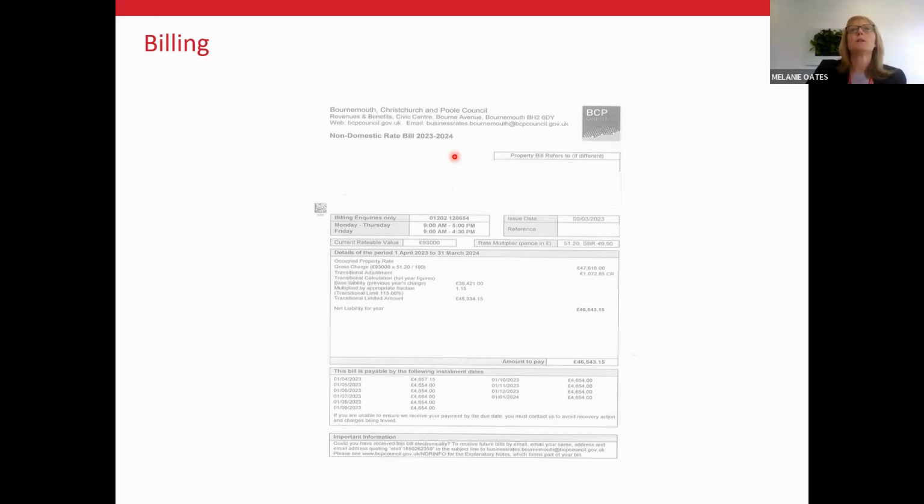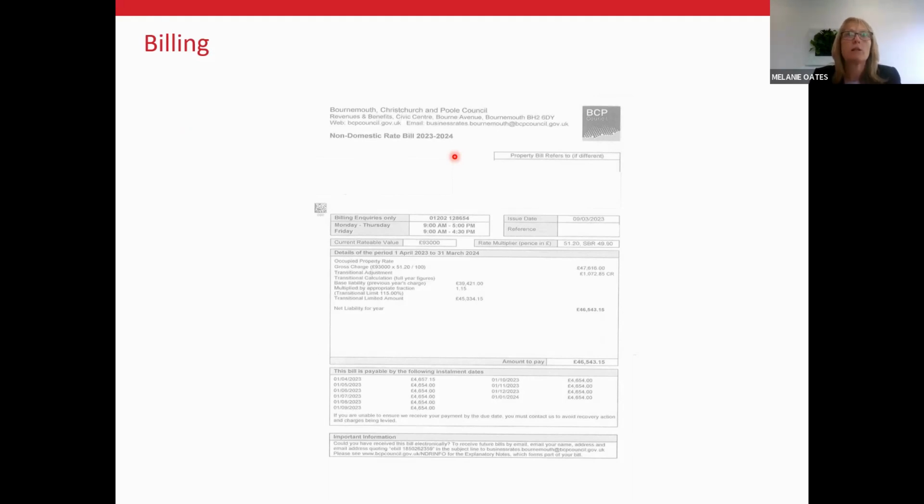Yes, the community interest company, anything billing wise, that's obviously on the billing side of things. When I finish up, I'll run through other reliefs, but the billing authority have a very good website with all of the available reliefs. Always check what the billing authority's website says.